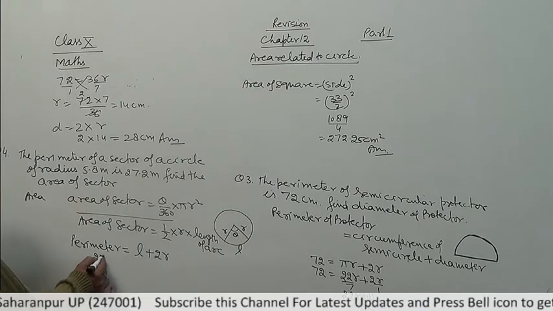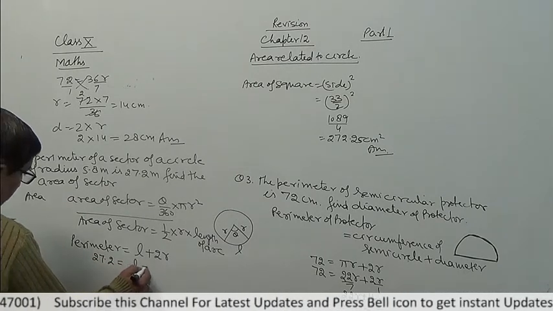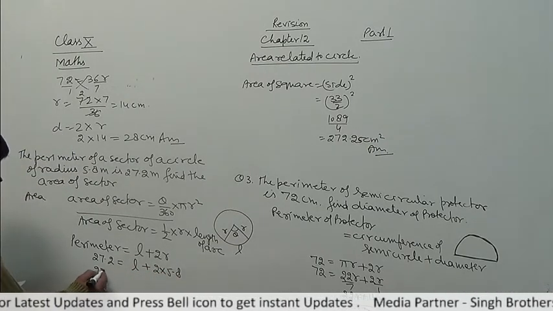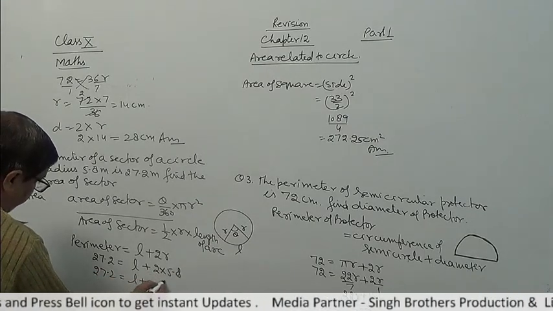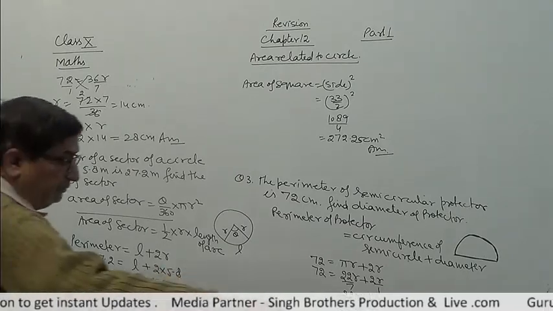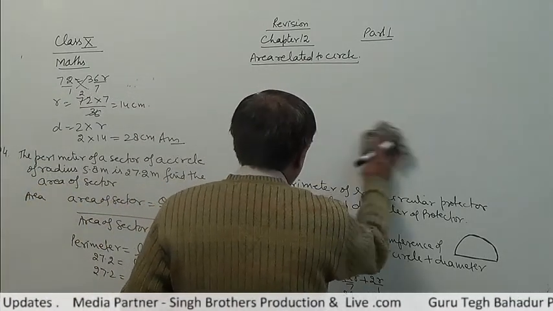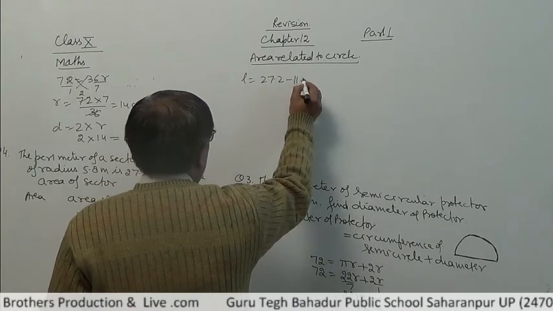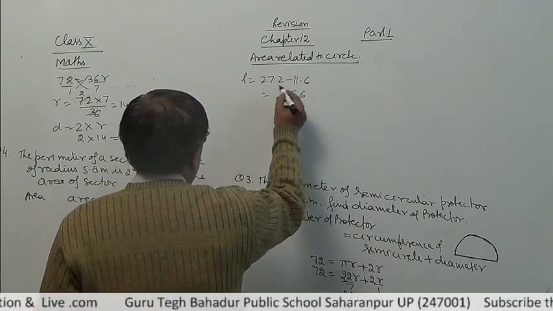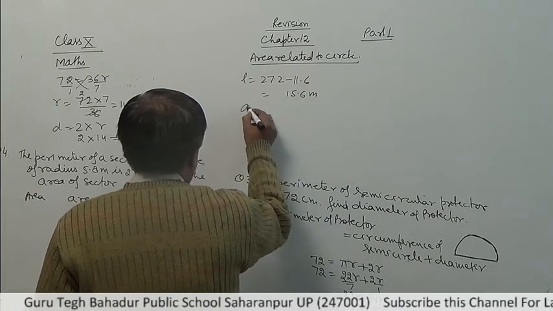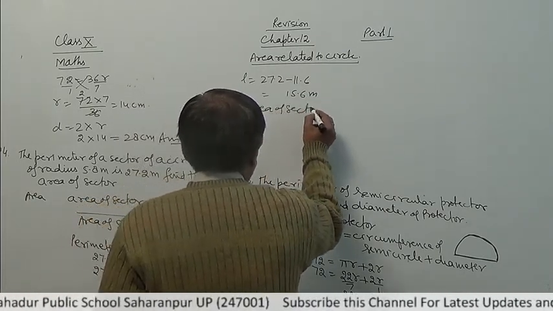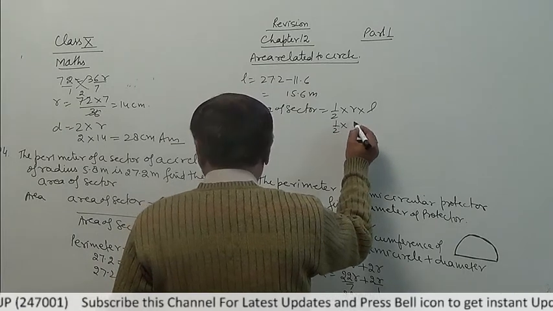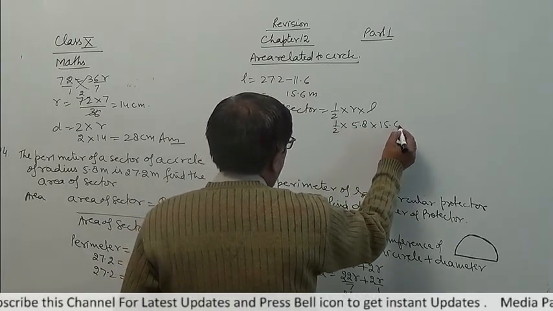Perimeter is given as 27.2, length is to be calculated, radius is 5.8. 27.2 equals L plus 2 times 5.8, that is 11.6, and L is equal to 27.2 minus 11.6, that is 15.6 meter, and area is equal to half into R into L.